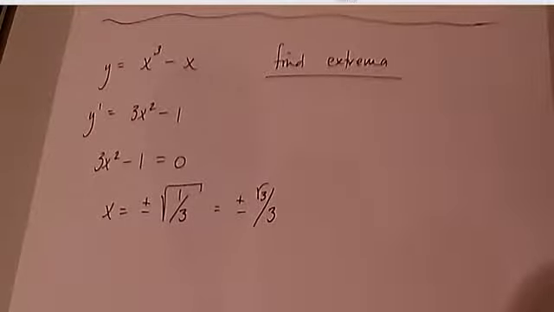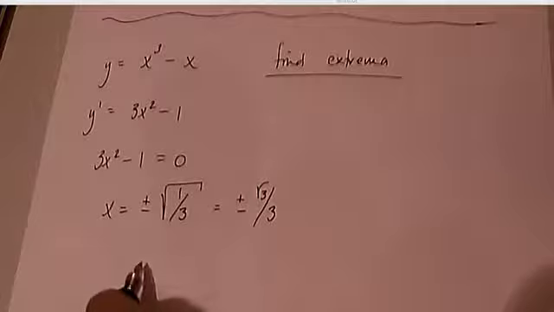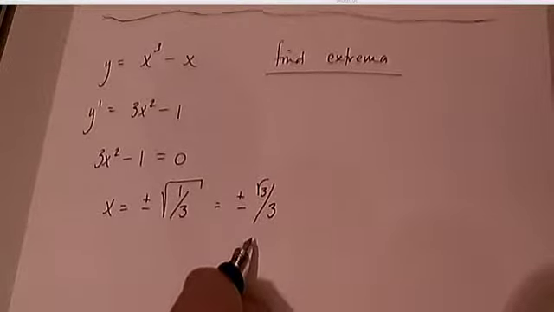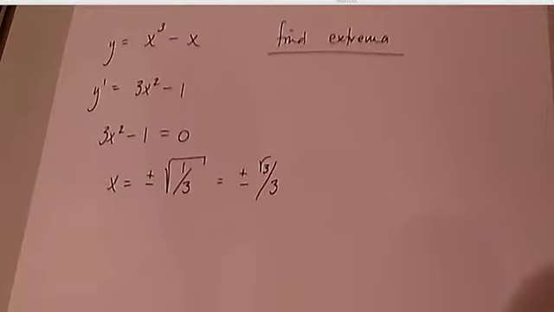And if root 3 is 1.732, then that's a little bit shy of 0.6, plus or minus 0.6. Okay? Now, what I need to do in order to determine which one is the maximum and which one's the minimum is I need to actually do what's called a sign chart. Okay?